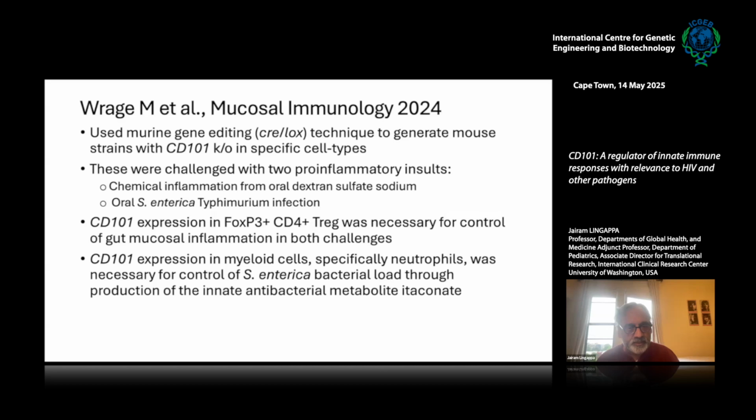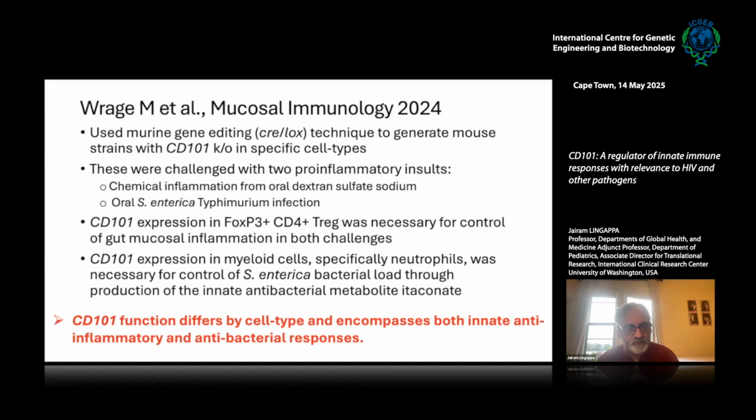But they also found that CD101 expression in myeloid cells, specifically neutrophils, was necessary for the control of Salmonella bacterial load through the production of an innate antibacterial metabolite.